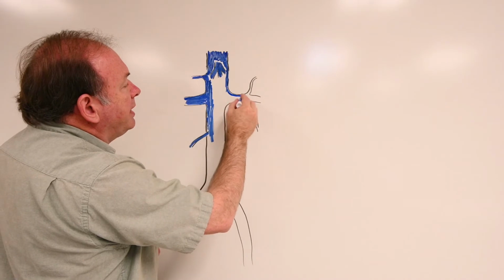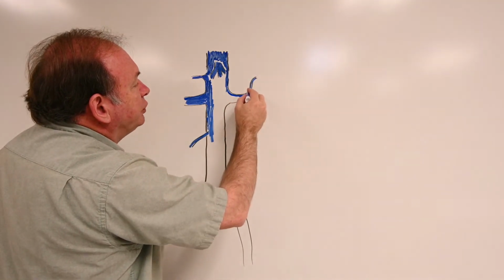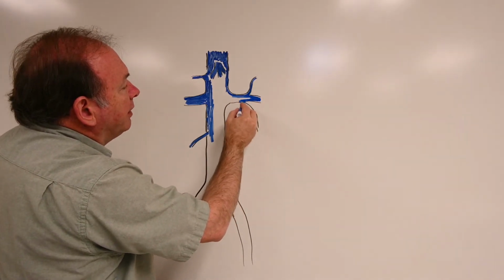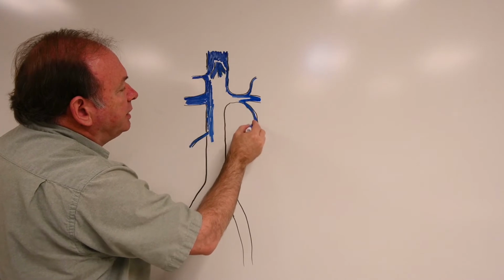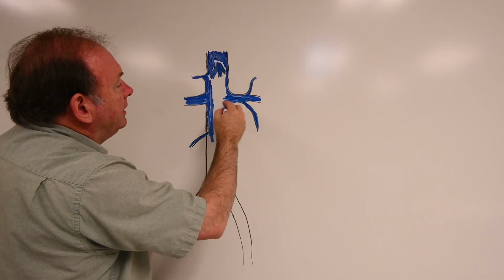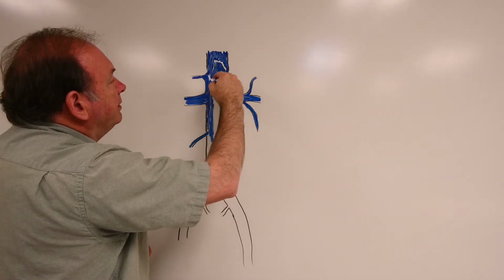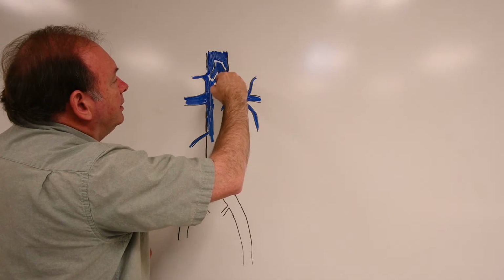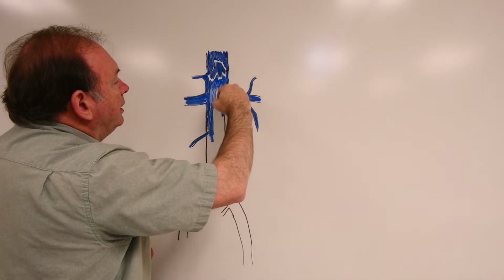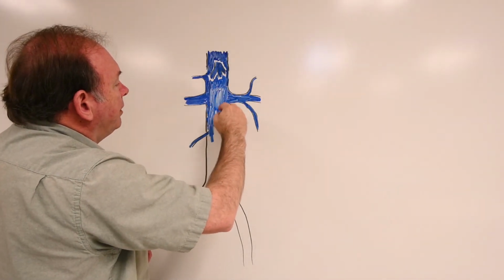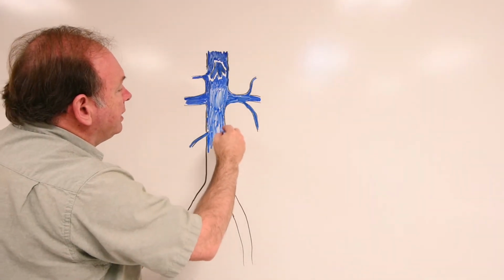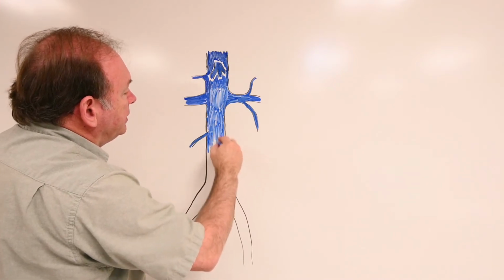So we have one renal that gives off that suprarenal or adrenal vein, and it gives off the gonadal, which is testicular or ovarian, on the left side. So they're very different. Left and right, they're asymmetrical. They still drain all the organs, but it's not symmetrical.